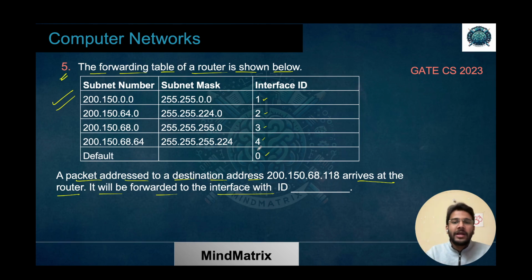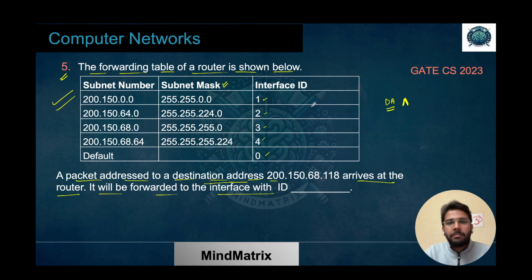In order to decide that, there is a procedure. And what is that procedure? Let me explain it first. The destination address is given to us for that router, let's say it is D. Now for this destination address, you have to perform the bitwise AND operation with the subnet mask.